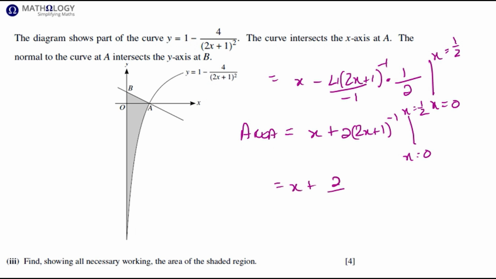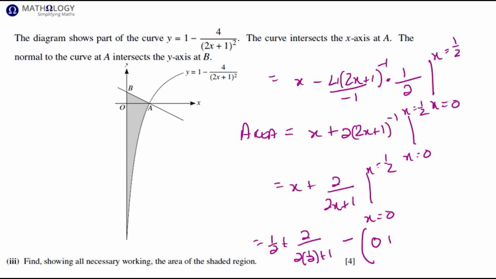Just going to write this in a neater form, makes it easier to work with. So that would be a half plus 2 over (2 times a half plus 1) minus, where x equals 0, we'll have 0 plus 2 over (2 times 0 plus 1).